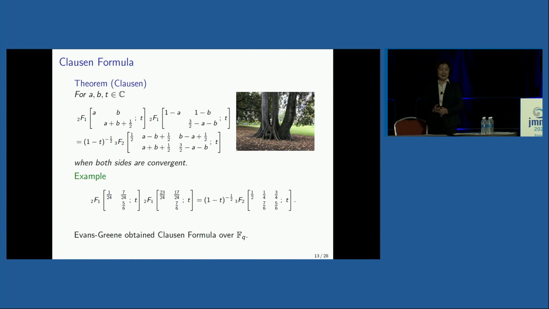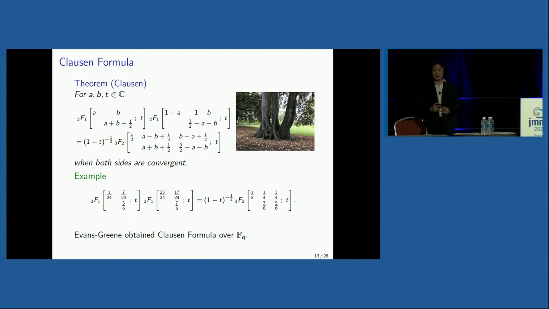And now let's see the Clausen formula, the first useful tool that I mentioned. If you look at this formula, it tells you that if you take a product of two 2F1 hypergeometric functions, you get a 3F2, which is like a miracle. If you go slightly into the background, what the picture indicates is that you do tensoring of a tree, 2-dimensional, and you end up with 4-dimensional branches, or a 4-dimensional representation, but you are only seeing a 3-dimensional structure on the surface.